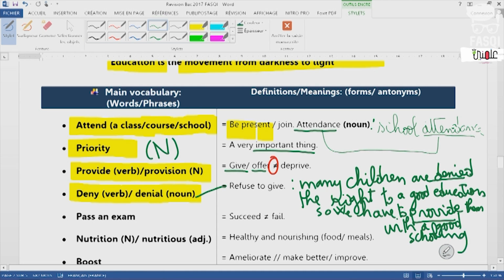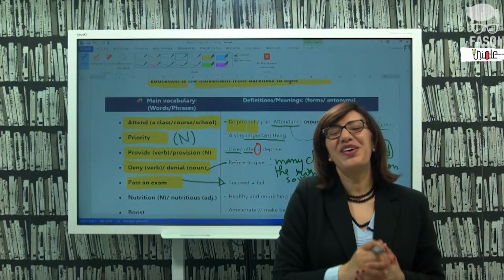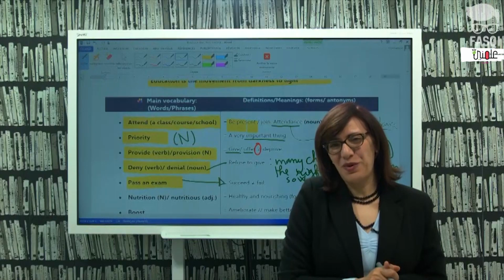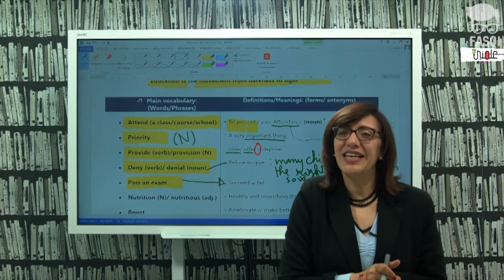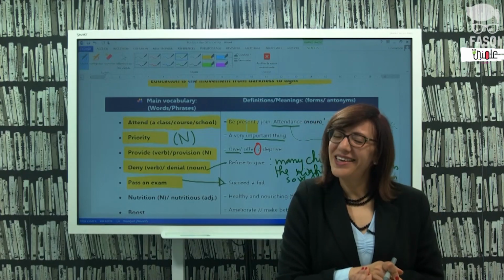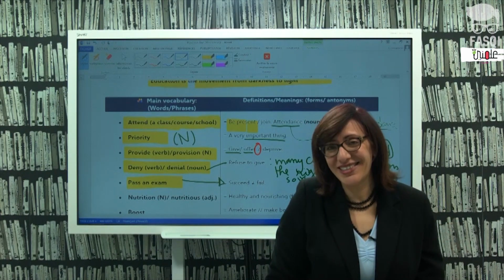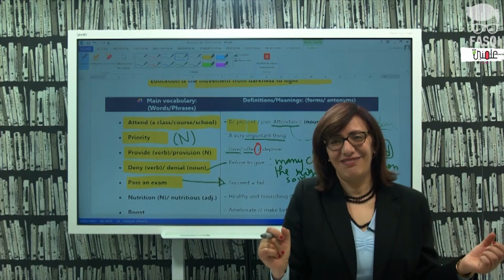For example, just a simple example, to use these two words in context. All right, and we have the word, maybe everybody knows, to pass an exam. Pay attention to this word. I would like you to pay attention because many pupils confuse it with the French word passer, the exam. In English, pass an exam means you have a positive result, already good, right?